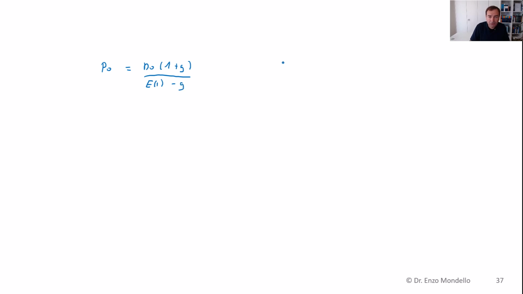And now we can replace the current dividend per share with the earnings per share multiplied by the payout ratio of the earnings. And the payout ratio of the earnings, that's the same as 1 minus the retention rate of the earnings. So here I use the variable b for the retention rate of the earnings.